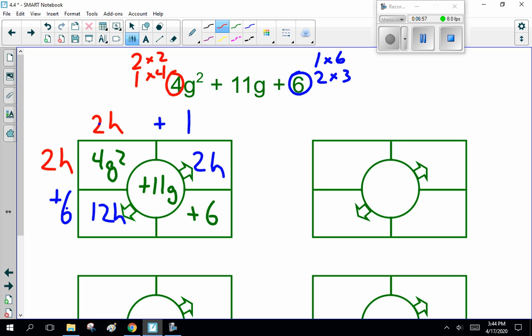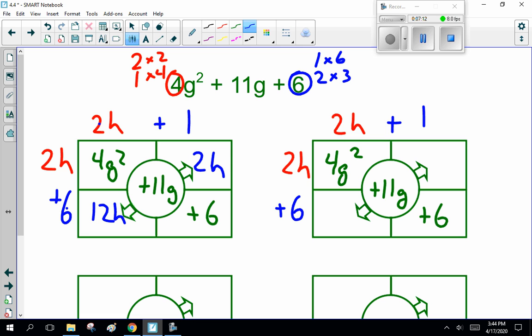So 4g squared plus 11g plus 6. 2h plus 1 plus 6. Okay, so this is 2h, 12h.